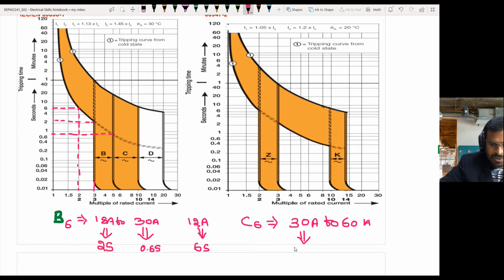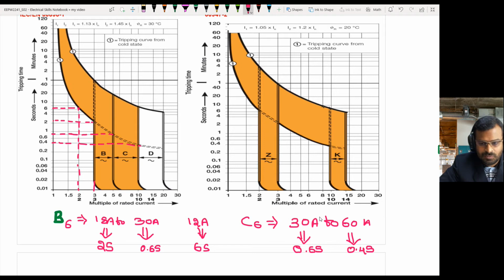Here it is near to 0.6. And then for 60 amperes, that is for 10 times, here it is near to 0.4 seconds. So this is the time taken for tripping during this range of fault current.